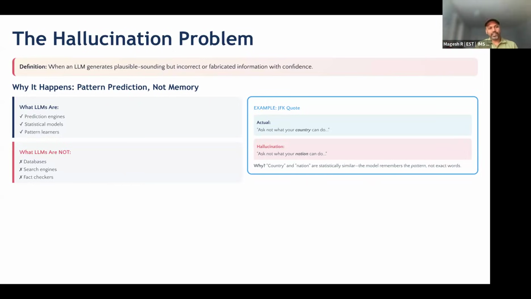So it cannot recall exactly what is there. It will try to pull up content with the same meaning. A couple of years back, if you asked for historical things, like the famous JFK quote, instead of saying, ask not what your country can do, it might say something else with a similar meaning.